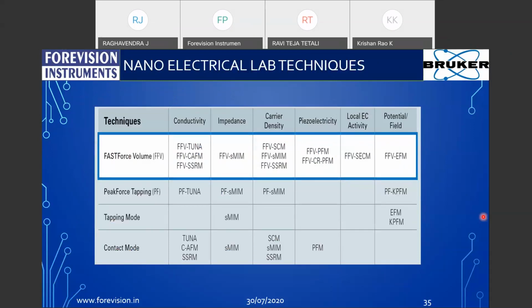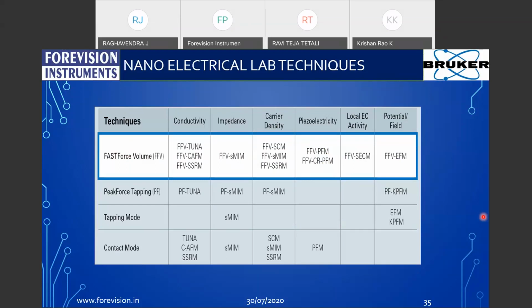Here you can see the FastForce Volume is more versatile and compatible with almost all the measurement techniques. So if you have FastForce Volume with you, you can do combinations to measure the different properties of your samples.